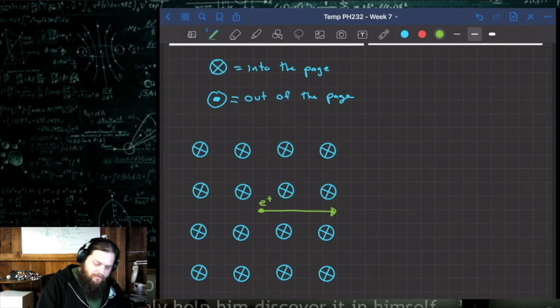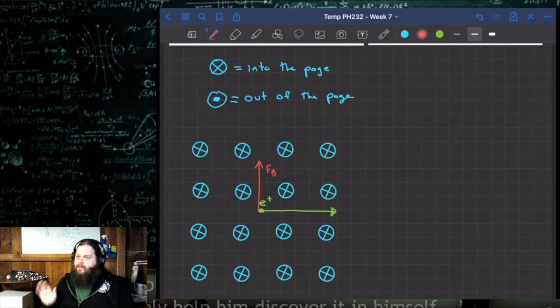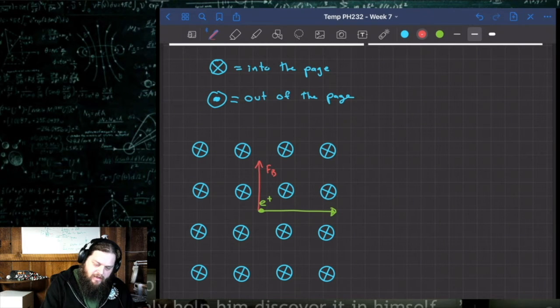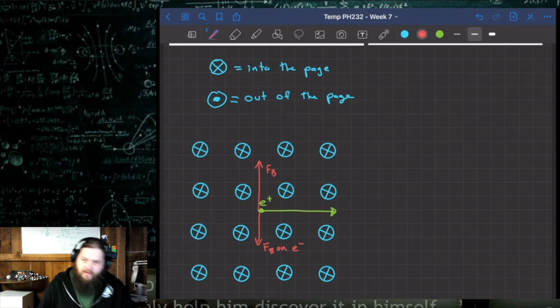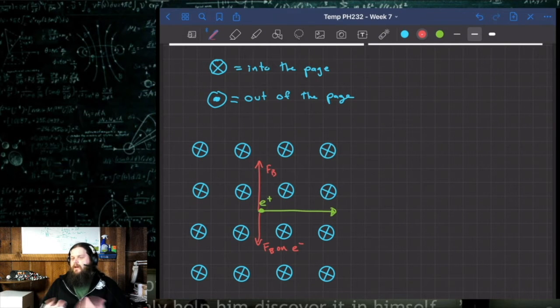So my magnetic force is going to be going up, because I would go to the right and then I curl my fingers into the page and that would shoot up. So that's a way to determine that force. If it was an electron instead, it would go downwards. Just the same idea, but now the force on an e minus is going downwards, the opposite direction, because we have an opposite charge there.